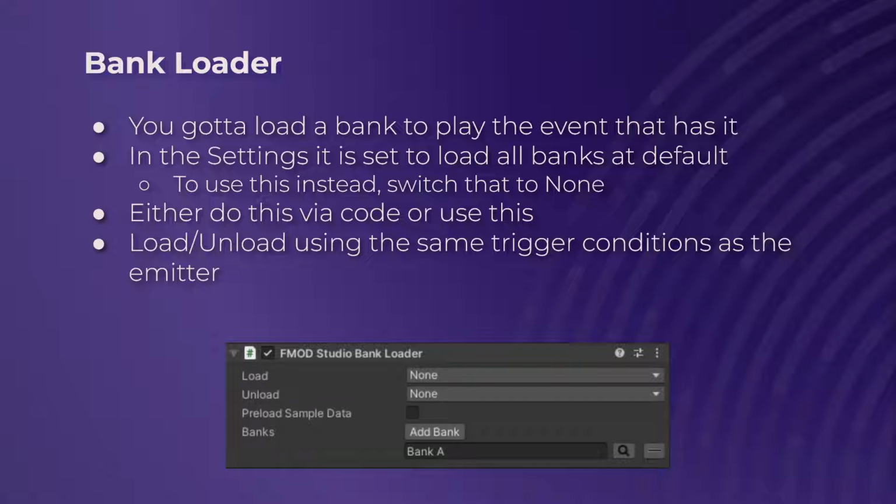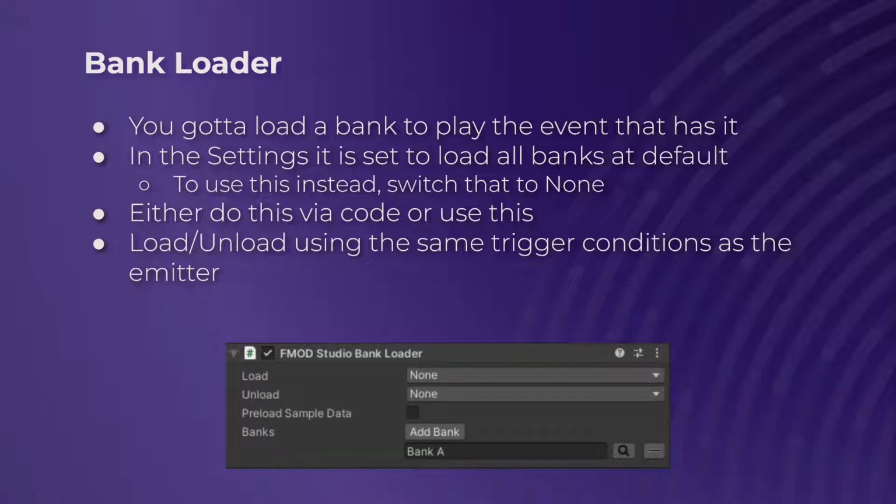So just go into the settings, switch that to none, and then you can use these bank loaders to load in different banks. But you can also do this with code. Most of this you can do with code. The listener is the only thing that I don't recommend doing with code, just because it's weird. But yeah, you can use code or just use this bank loader.